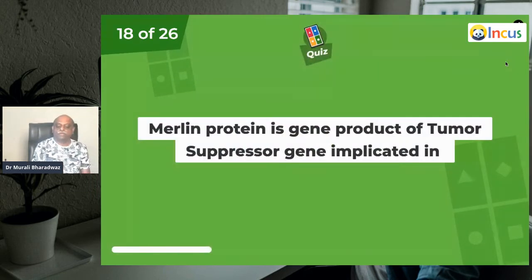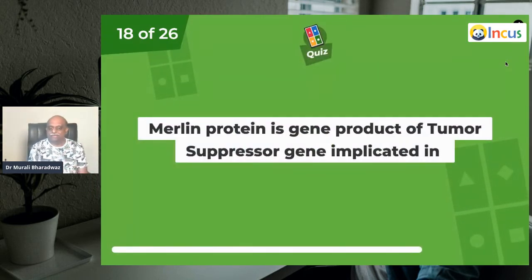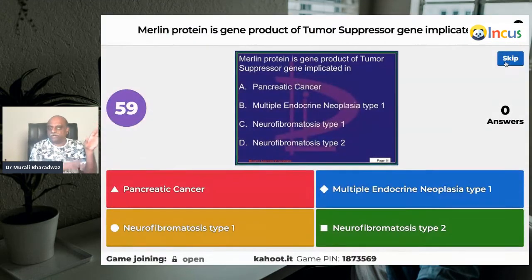So Merlin protein is a gene product of the tumor suppressor gene, which is implicated in which condition? Merlin, not Marilyn Monroe, but Merlin protein is the gene product of the tumor suppressor gene implicated in which condition?